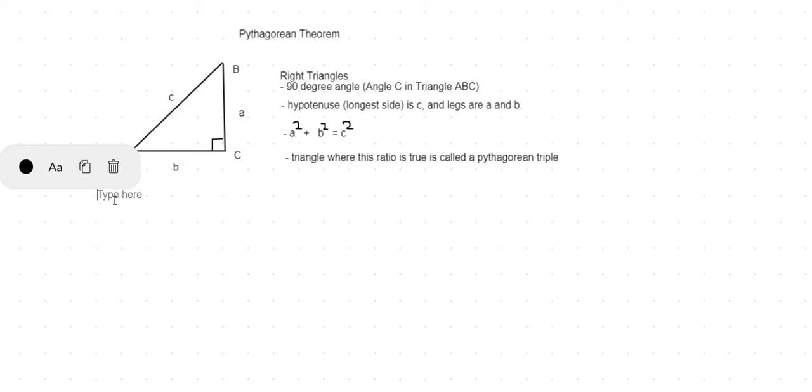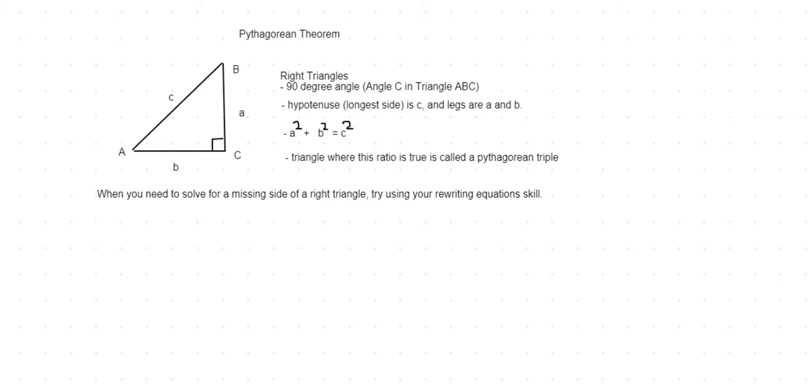One useful skill, I'll put a nice star here for you so you know it's an important point: when you need to solve for a missing side of a right triangle, try using your rewriting equations skill. Now, why is that a pro tip? Because I can rewrite this equation if I need to solve for a.